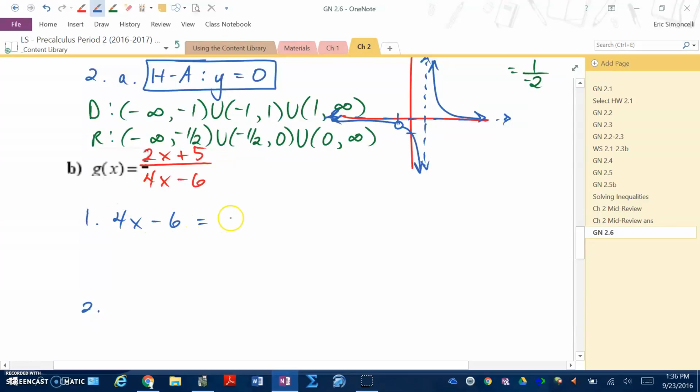We know we can't divide by 0, so I'm going to set it equal to 0. When I solve, I end up with 4x equals 6, x equals 6/4, or 3/2. So my vertical asymptote is just x equals 3/2.